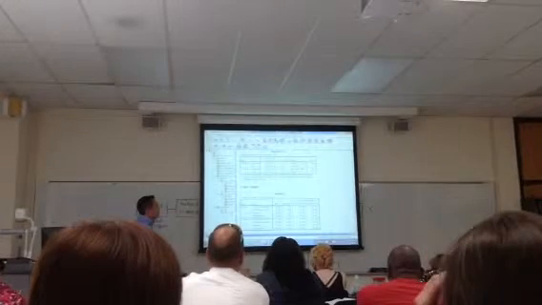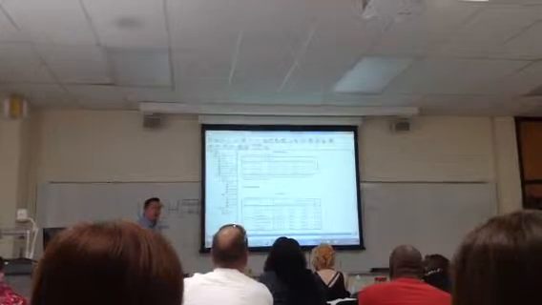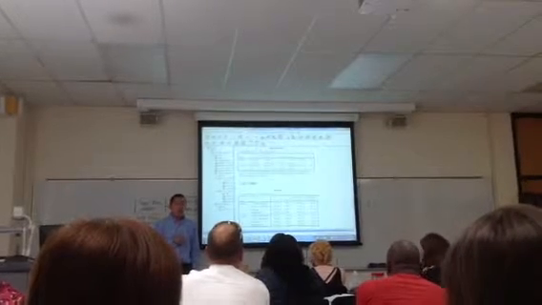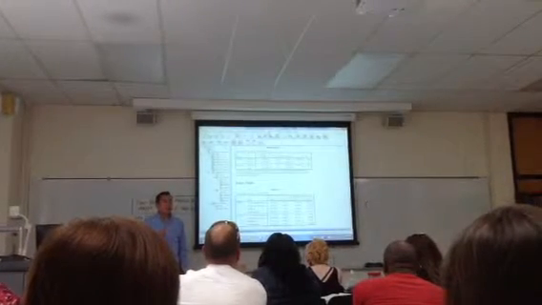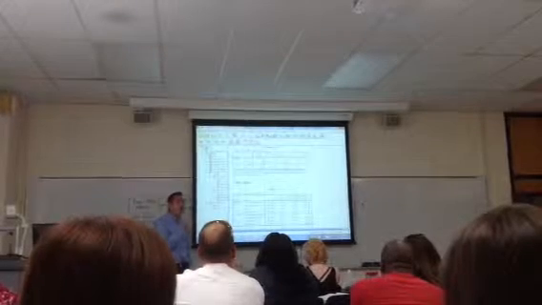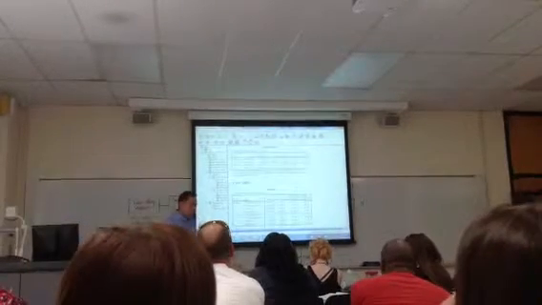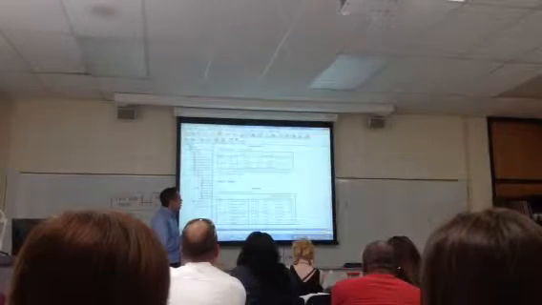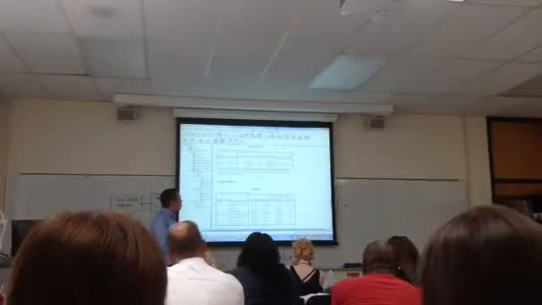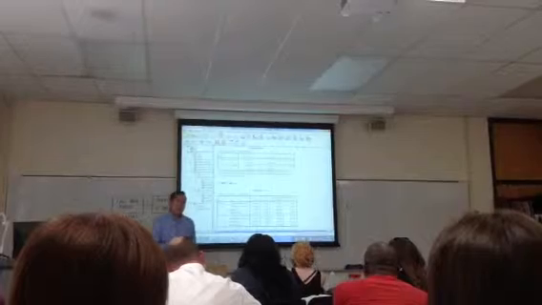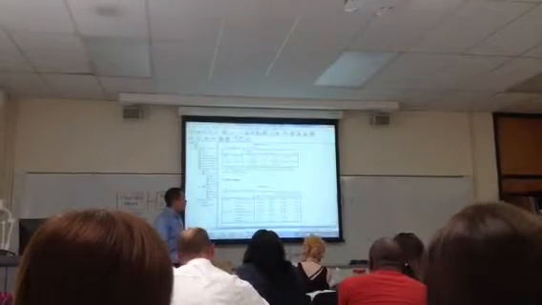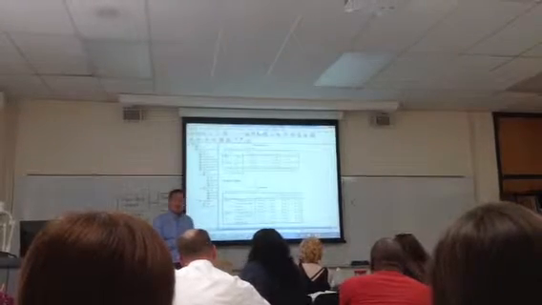Now we're looking at the effect of being a male or being a female across all the levels of major. For males, there is not a statistically significant simple effect. But for females, there is.